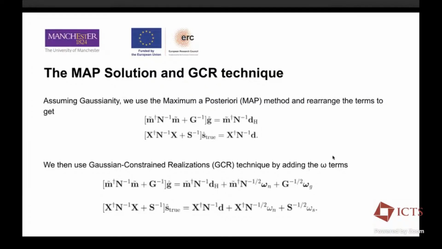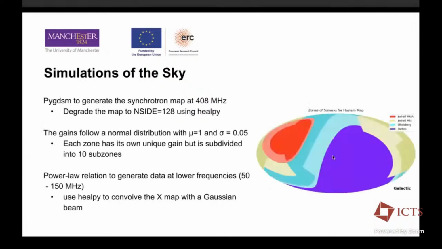I'm going to explain what we use for the simulations of the sky. We use PyGDSM to generate the synchrotron radiation map at 408 megahertz. We then degrade the map to nside of 128 using HEALPix. We generate the gains following a normal distribution with mu of 1 and sigma of 0.05.